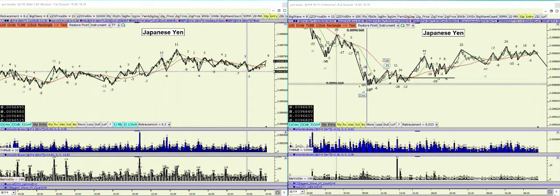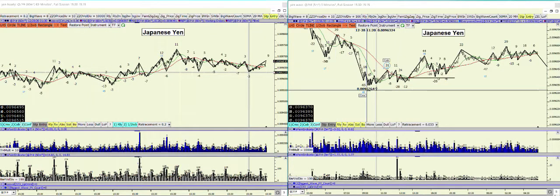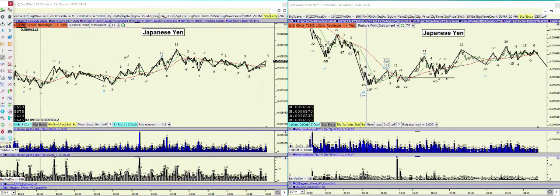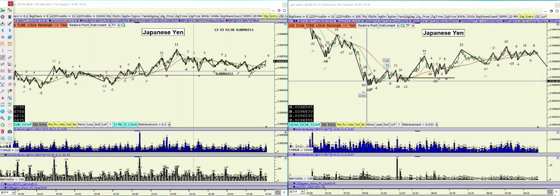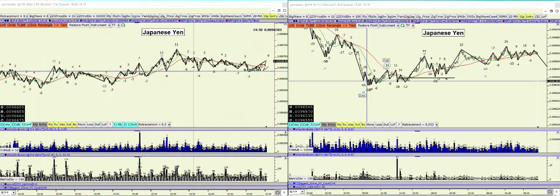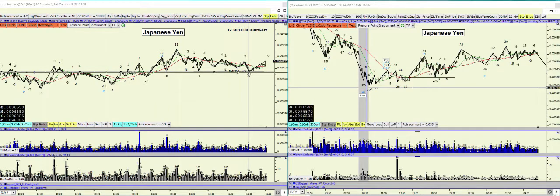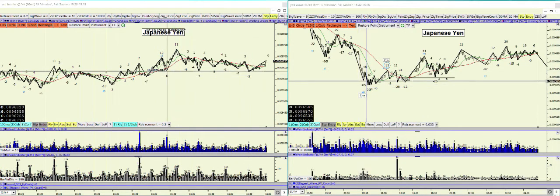What's nice about this, though, is that it's coming off of a support level, off the hourly. That's what you're looking for. Looking for it to hit a level and then go. So it goes all the way back here.